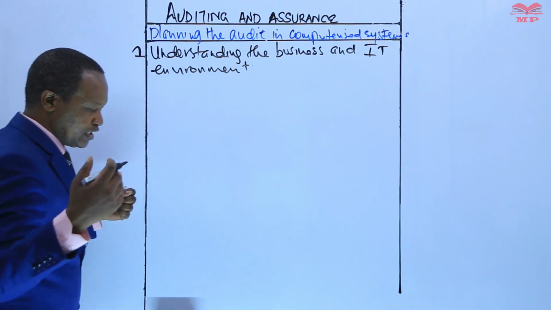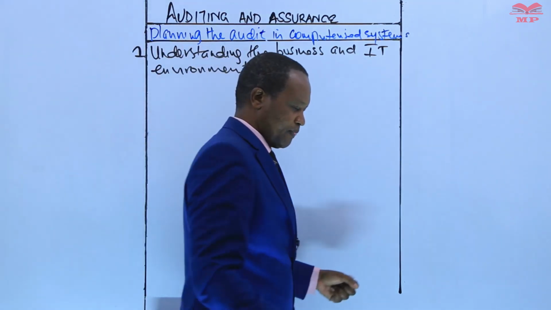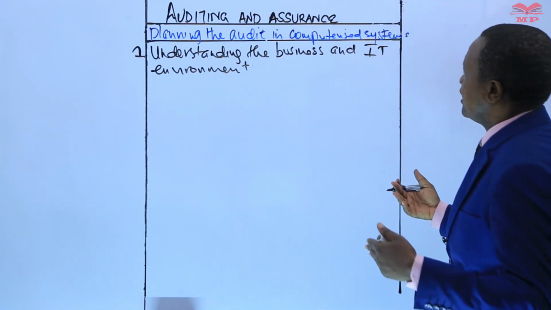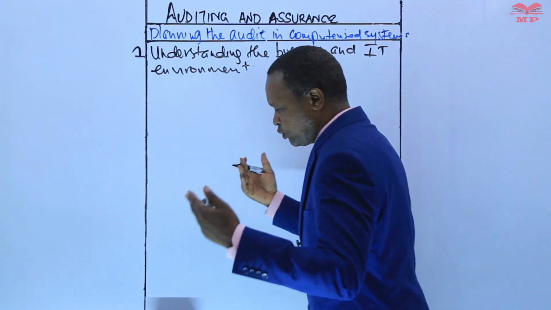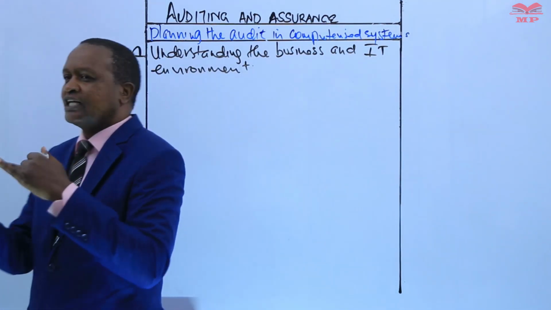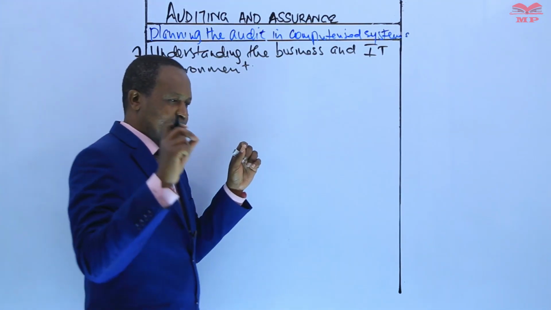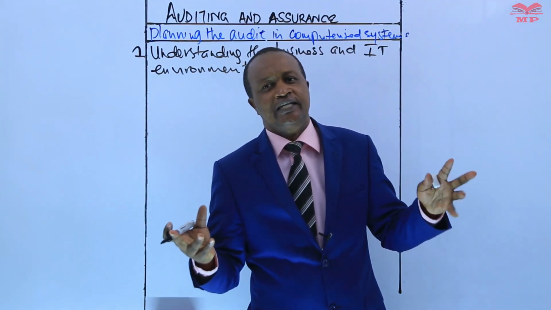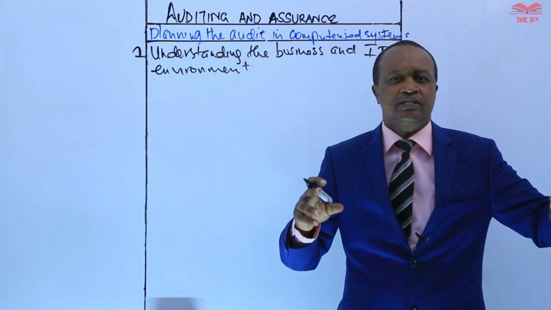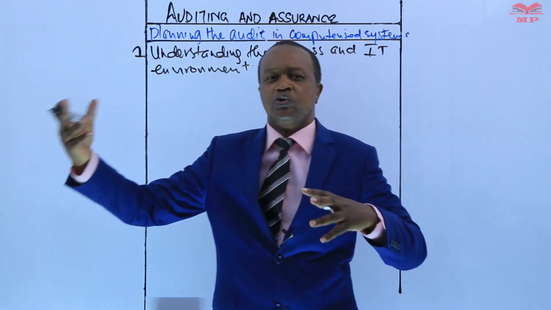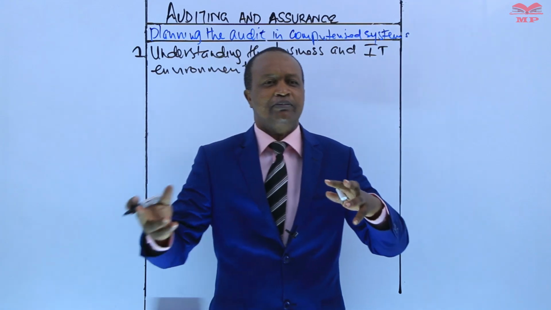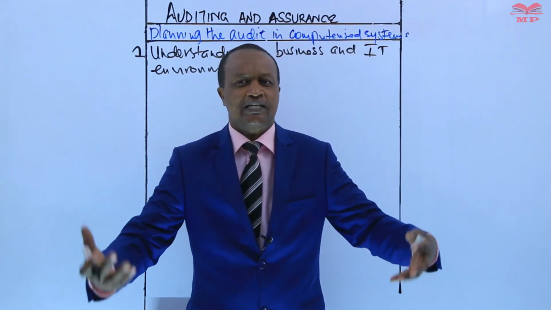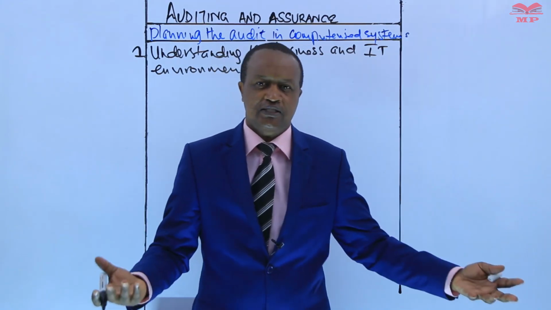When or if you are called upon to audit a computerized system, a computerized accounting system, number one, you need to understand that business. Understand the company, all right? Identify the critical systems, understand the data flows, understand the dependencies between the different systems. That is part of understanding the business.